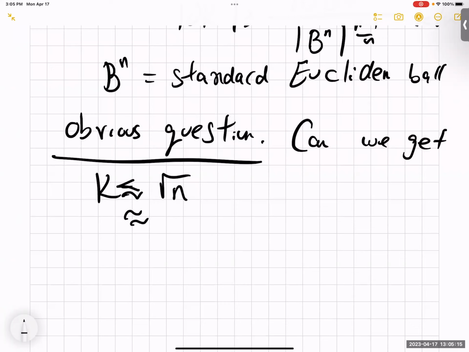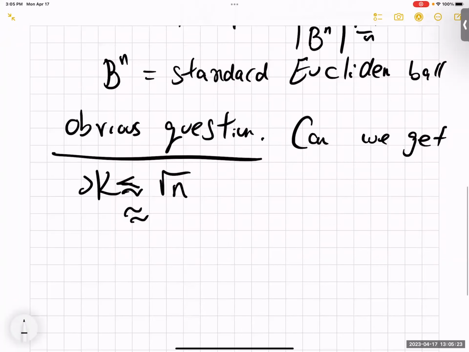I personally think that it would be much nicer if... You mean the surface area? Of course, yes. In the same statement, but getting the best you can hope for, which is, up to constants, what you get from the isoperimetric theorem.